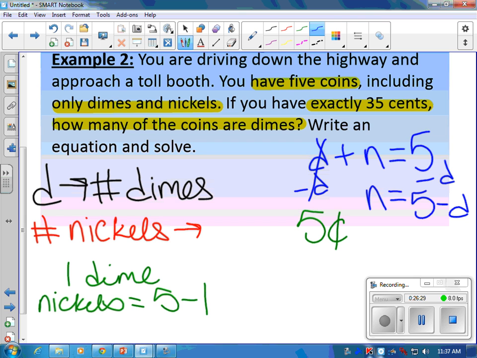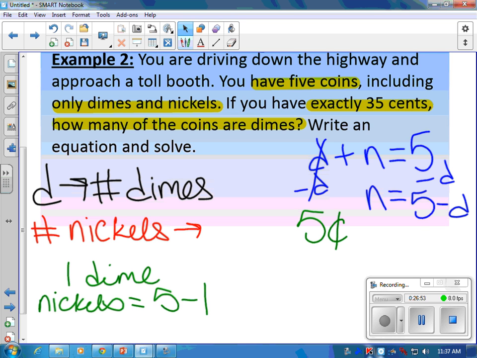So if I want to represent the number of nickels in this problem, given D dimes, how do I represent it? It's on the board. We just did it.